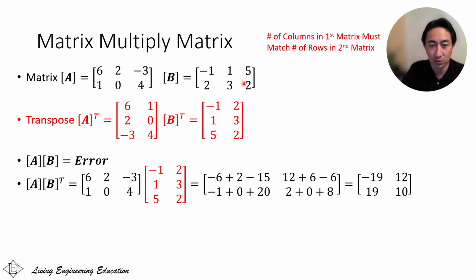So when I transpose this matrix, now I have a row with 3 terms, and my transpose B matrix has a column with 3 terms, right? So I have 3 rows here and 3 columns here, and so I need to match my columns and rows.